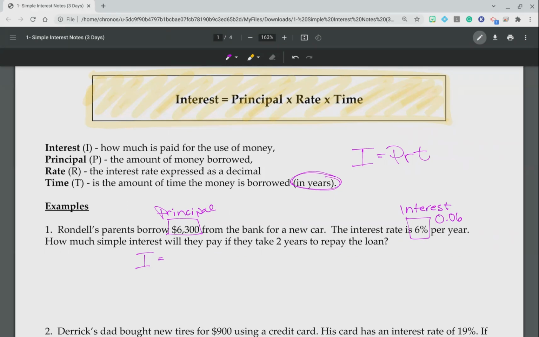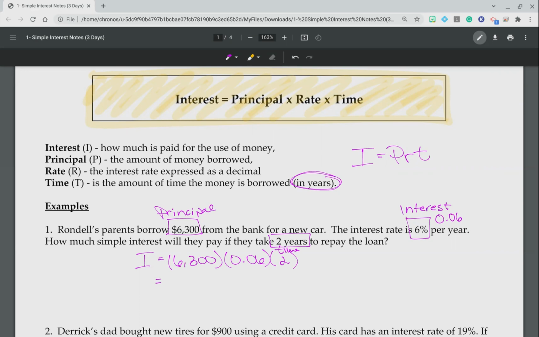And the last thing I need is the time. It says, how much simple interest will they pay if it takes 2 years to repay the loan? So this is our time: it's going to take 2 years. So I equals PRT. My principal is 6,300, my rate is 0.06, and my time is 2 years.